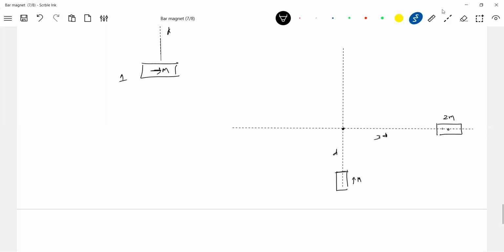Now you have to calculate the field at the origin. The direction of m bar is given. This distance is 3d. You have to calculate the net field at the origin.